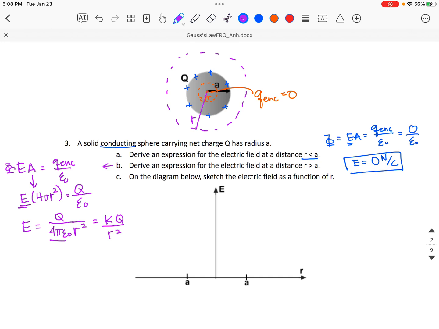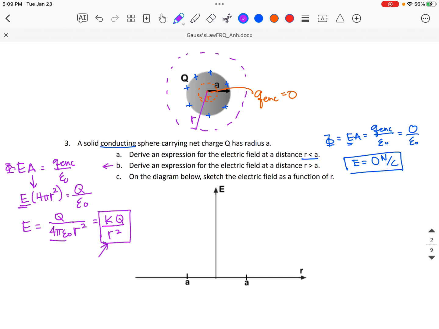As I mentioned in class, this is the electric field for a point charge, and that would be the equation that you derive using Gauss's law, whether it is a conductor or an insulator, as long as your Gaussian sphere is on the outside, then you would get this as your equation. And you can treat it again, like I said, as a point charge.